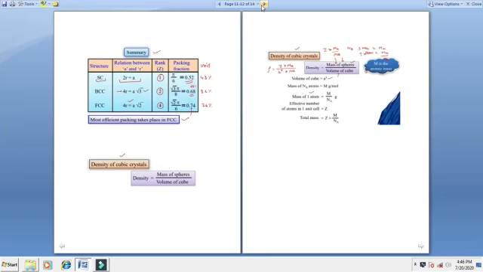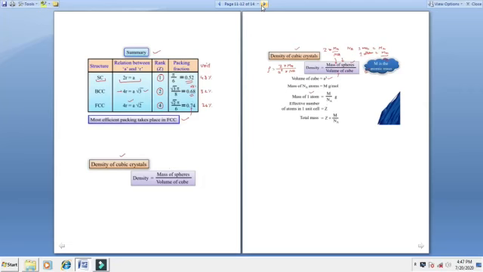So if you look at a summary of all the 3 types of cells, simple cubic, BCC and FCC, you can see that the relationship between a and r in case of simple cubic is 2r is equal to a, BCC 4r is equal to a root 3, FCC 4r is equal to a root 2. The rank or Z is the number of atoms per unit cell. It is in case of simple cubic 1, in case of BCC 2, and in case of FCC it is 4.